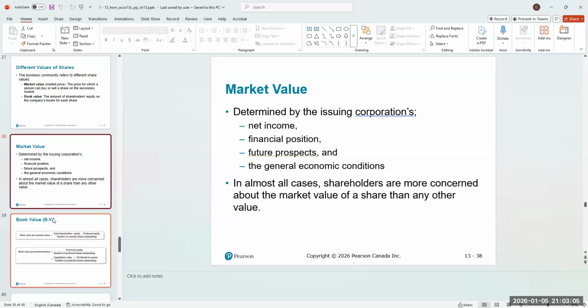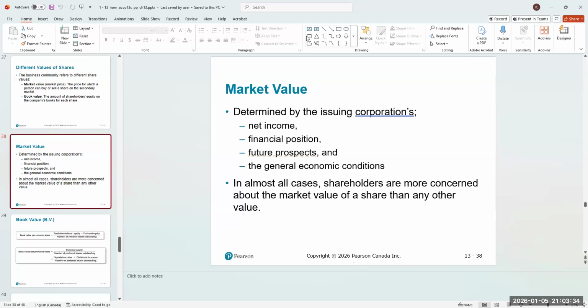Why? Because they think that the market value represents the true value of the share, which, as you can see, is very volatile. It can easily fluctuate from one side to another. It can easily switch sides, not based on facts, but based on rumors.